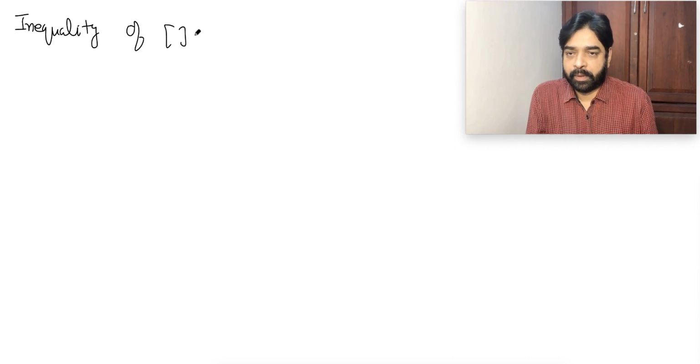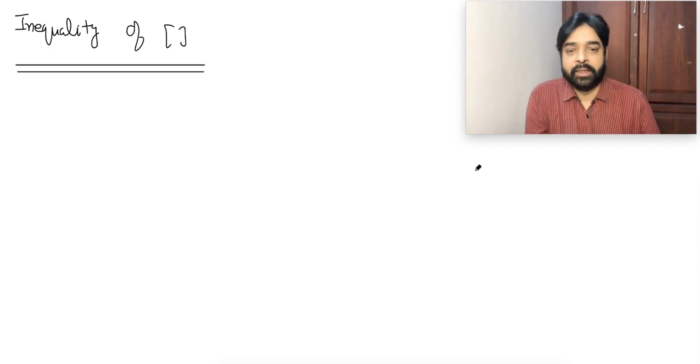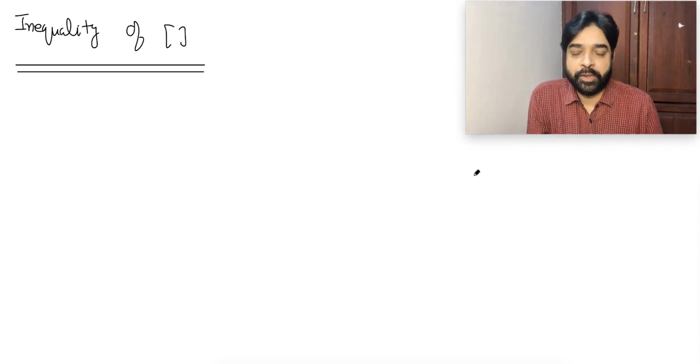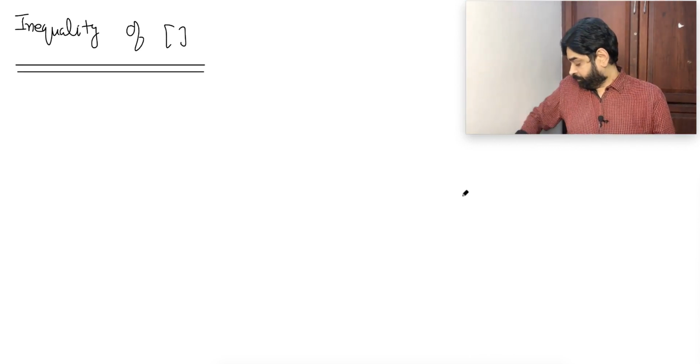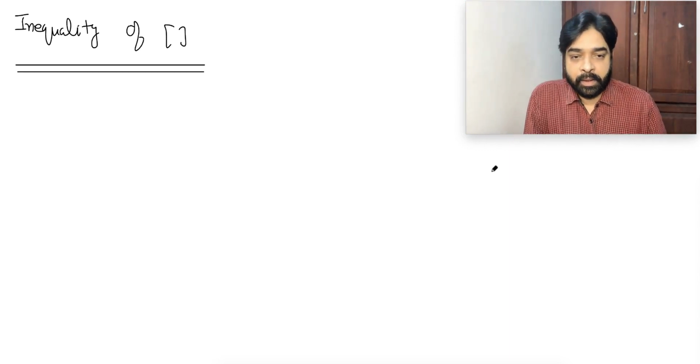Inequality of equation here. See, there is no formula, because I don't want you to learn a formula or something like that. You try to visualize yourself and develop the formula. For example, no need of writing, just watch.